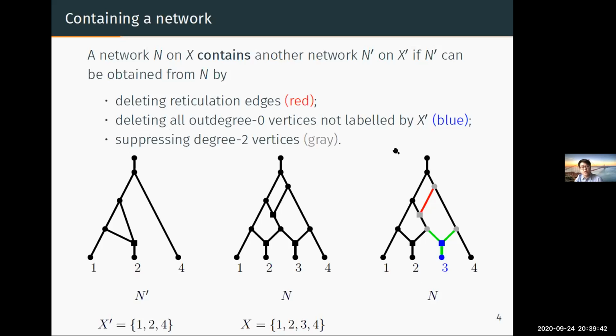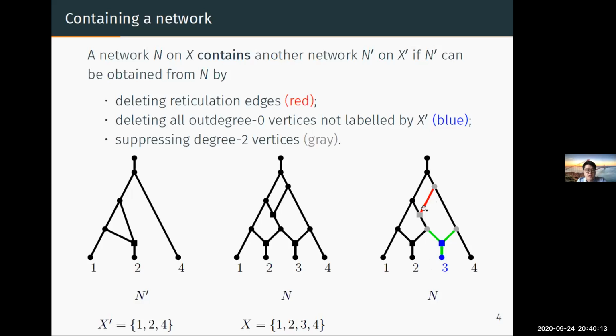So at the bottom here, we have an example of when a network N contains a network N prime. So N prime is a network on the taxa set X prime here, 1, 2, and 4. And the middle network N is a network on the taxa set 1, 2, 3, 4. And you can see in the very right diagram how N prime is contained in N. So first, we delete this red reticulation edge here.